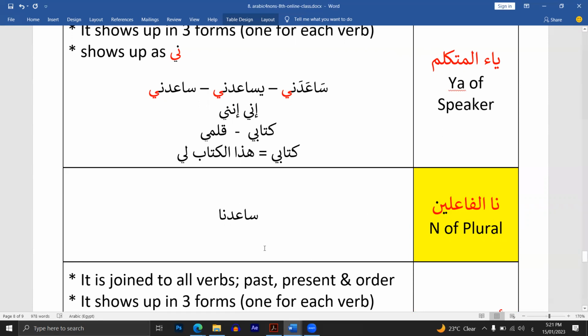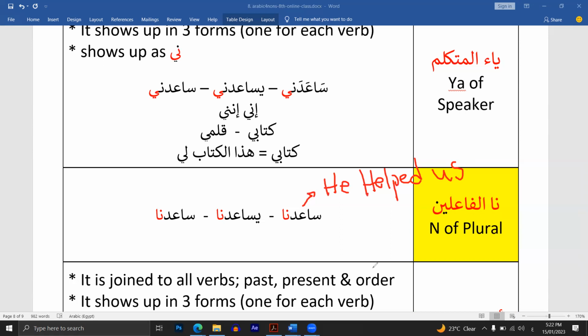ساعدنا. Okay. يساعدنا. ساعدنا. Okay. Here is the na, the same na we saw before. But if you translate this first one, ساعدنا, he helped us.